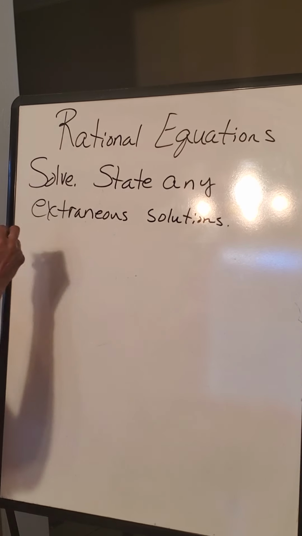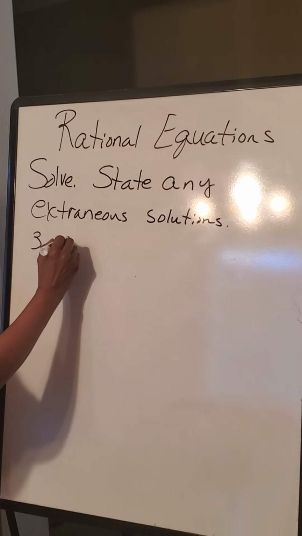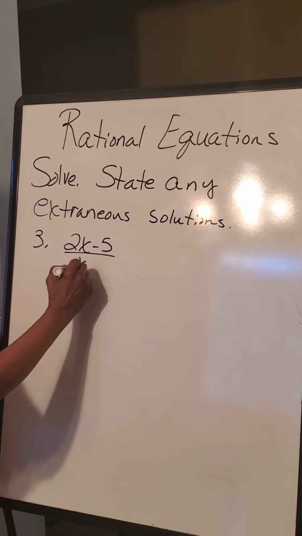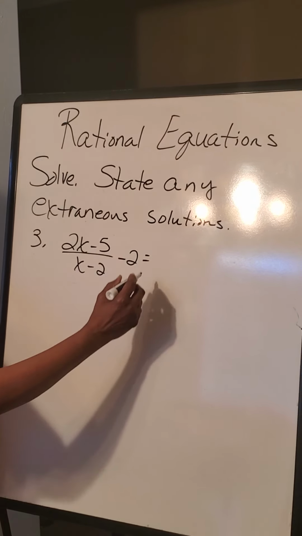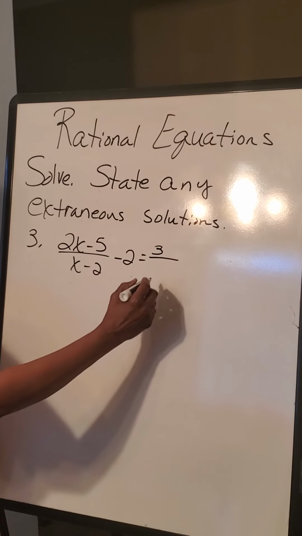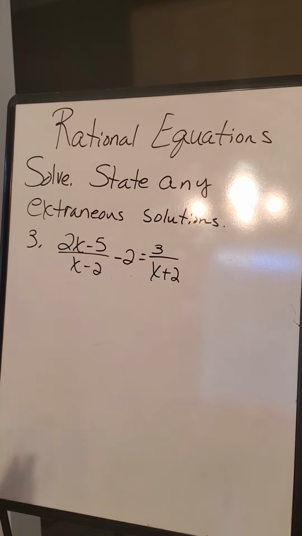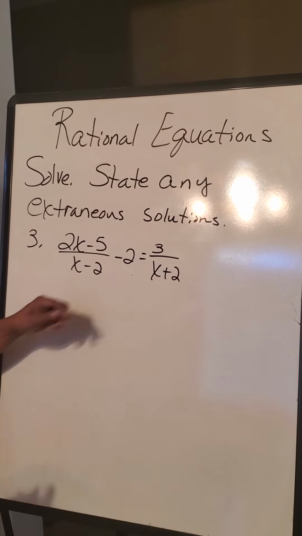Example 3. 2x minus 5 over x minus 2 minus 2 is equal to 3 over x plus 2. Now in order to solve this equation, I need to eliminate these denominators.